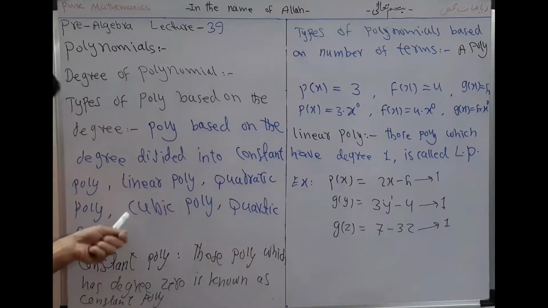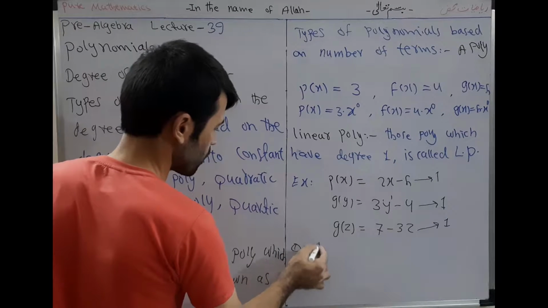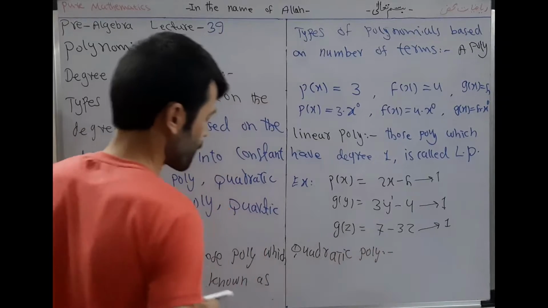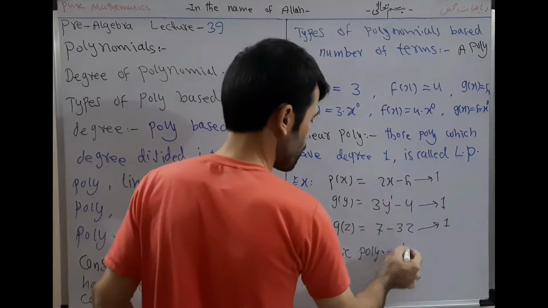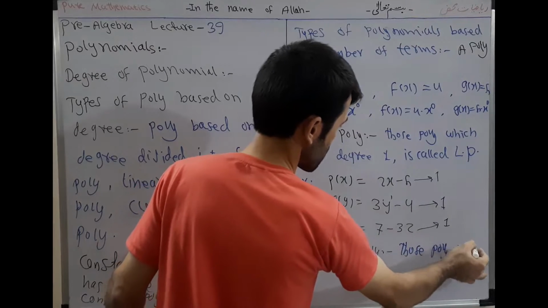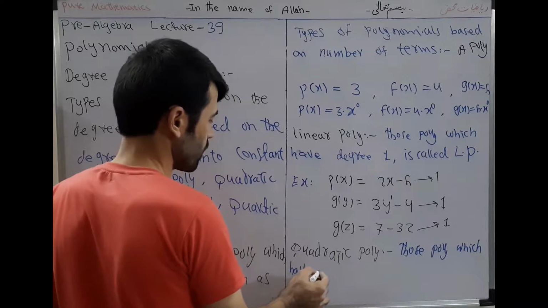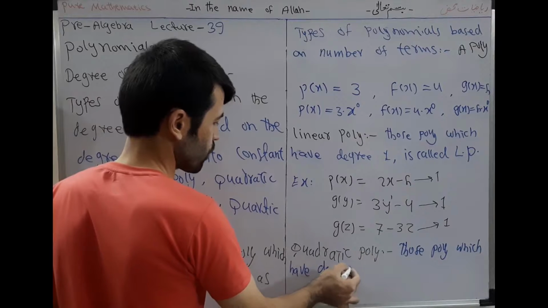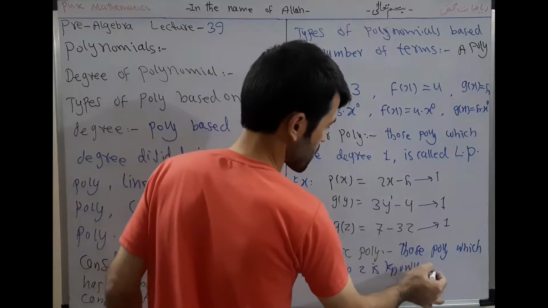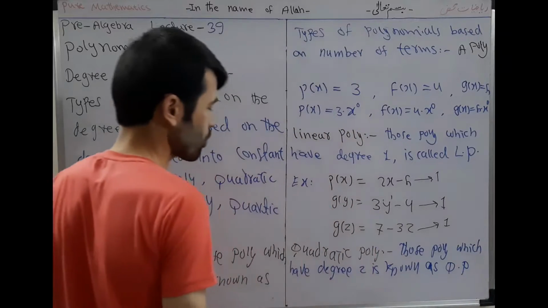Next one, quadratic polynomial. Those polynomial which have a degree 2 is known as quadratic polynomial.